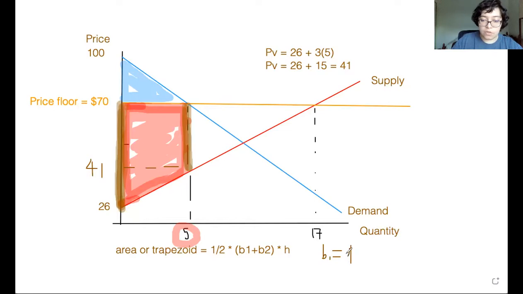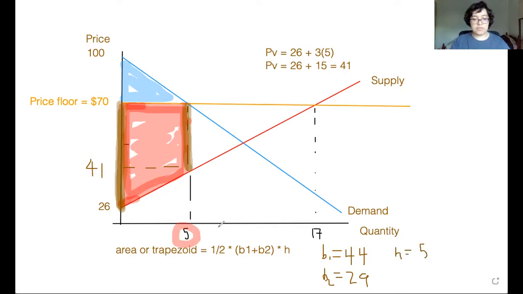So my base 1 is going to be 44. My base 2 is going to be, I think that was 29. Was it 29? Let me check my notes again. Yes, it was 29. There we go. 29, and then my height was going to be 5.